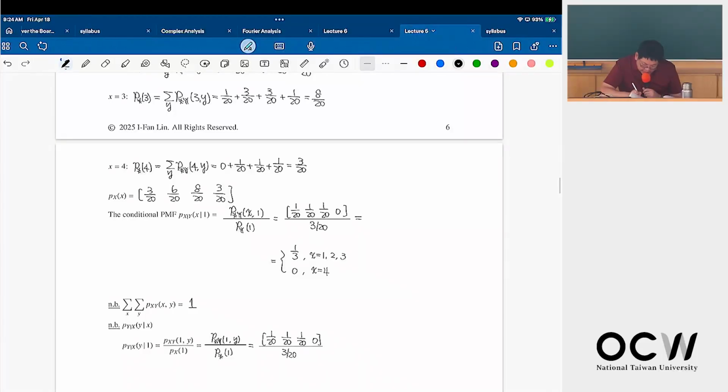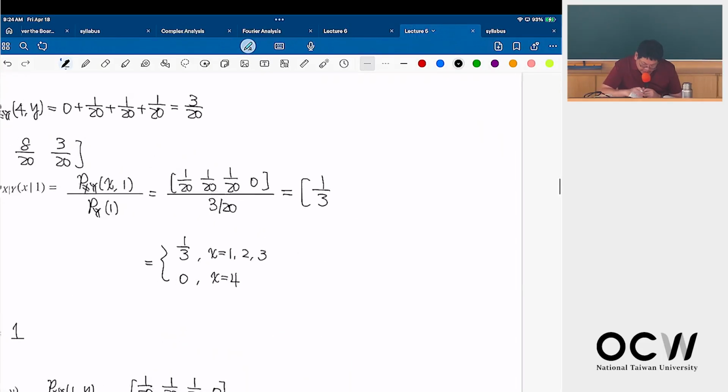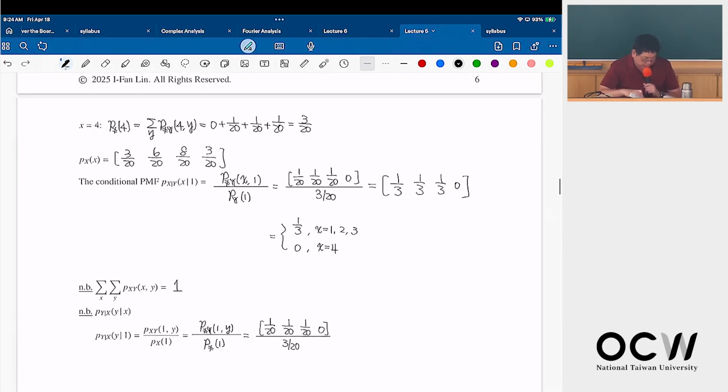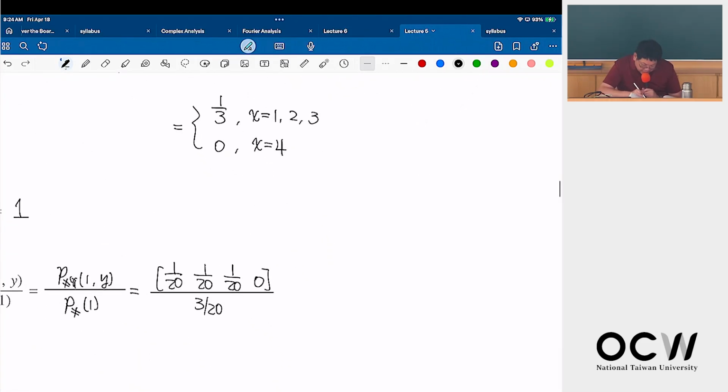This is like 1/3, 1/3, 1/3, 0. So here we also have 1/3, 1/3, 1/3, and 0.